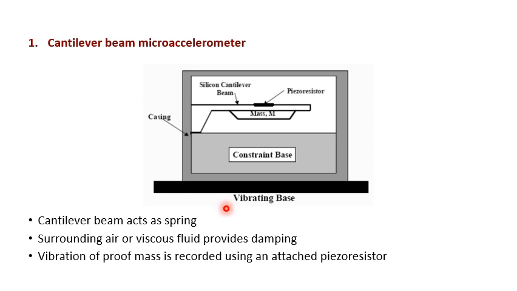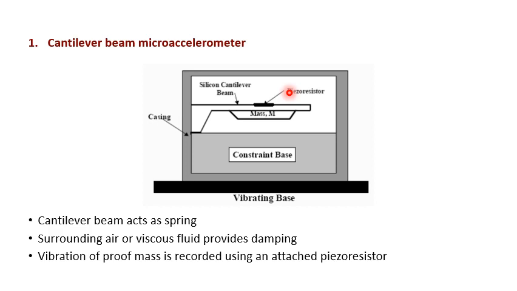This figure shows the structure of a cantilever beam microaccelerometer. Why we go for this kind of arrangement is because of the space limitation in a micro device. As you can see in this structure, there is a silicon cantilever beam which is attached to a proof mass, and this forms the spring mass system, and there is air in the surrounding space, which is used to provide the necessary damping effect.